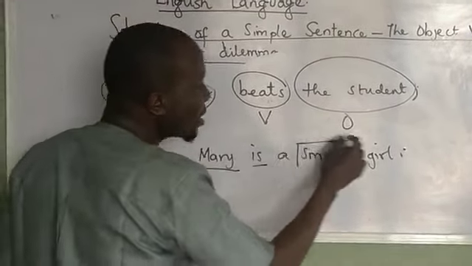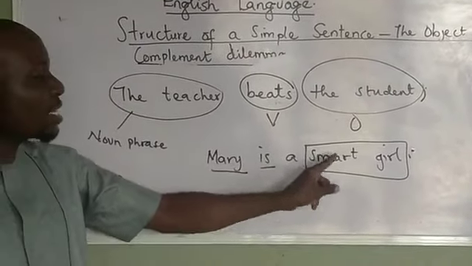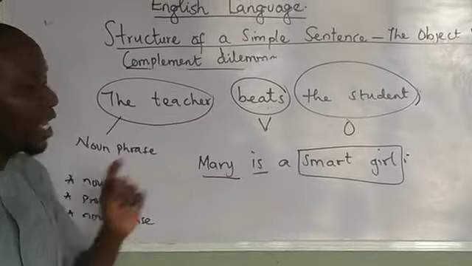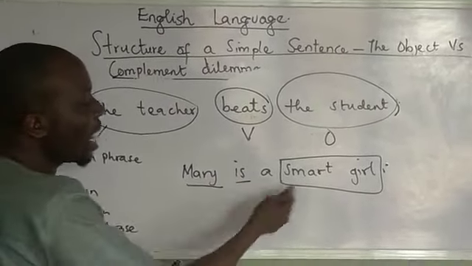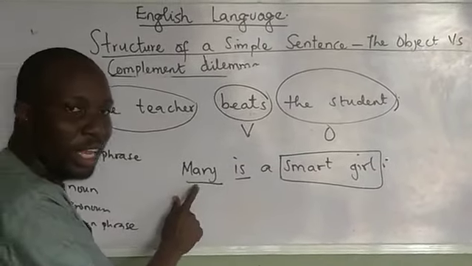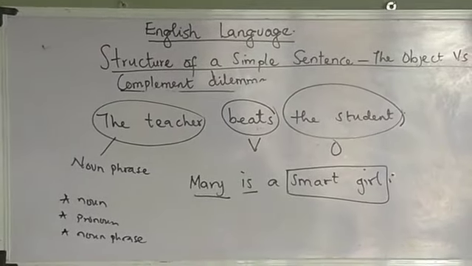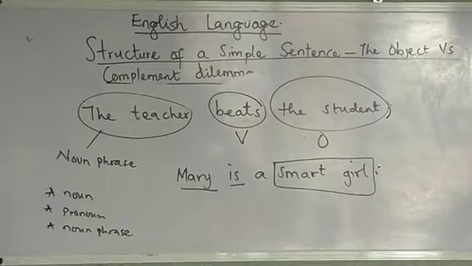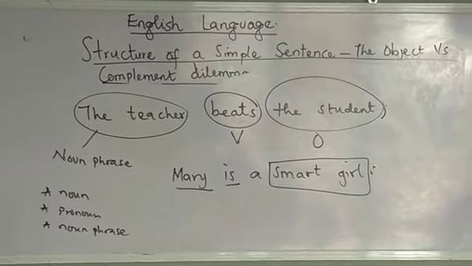Now, this smart girl, is it serving as the object or the complement? Complement. Because smart girl is giving us extra information about who Mary is. I hope that is clear now. So that is the difference between an object and complement in a sentence.